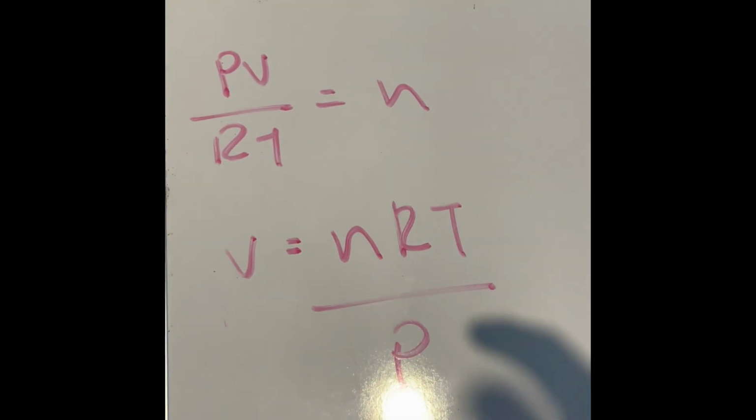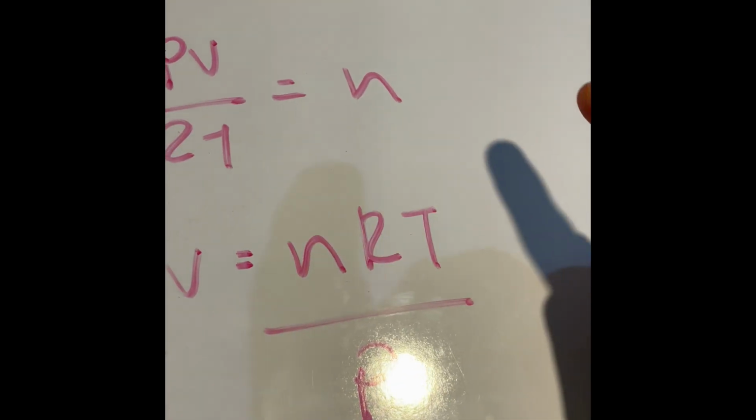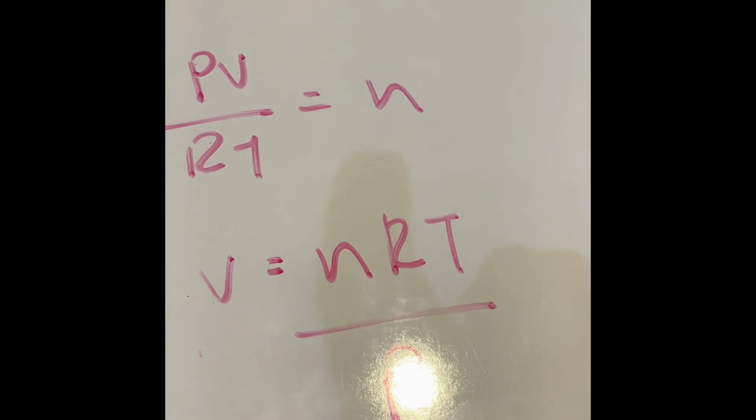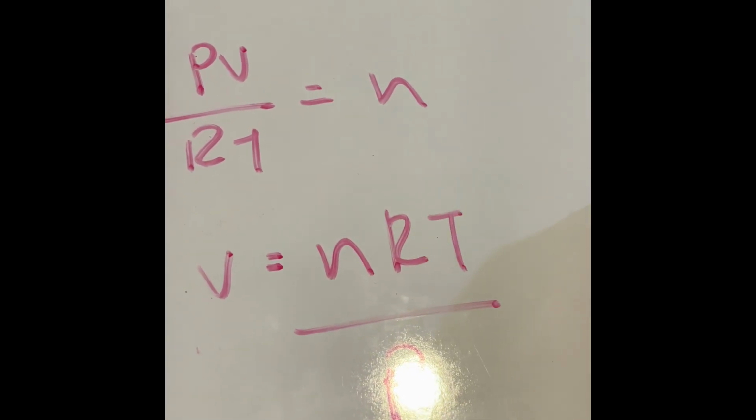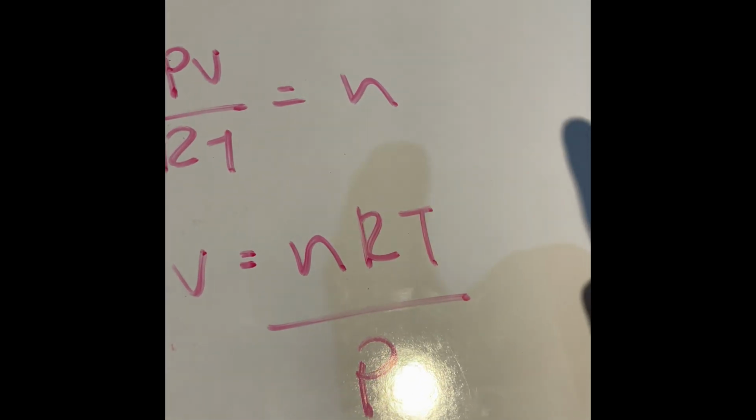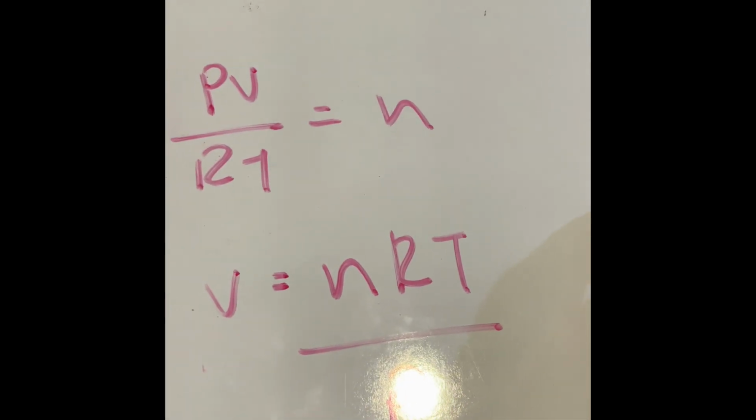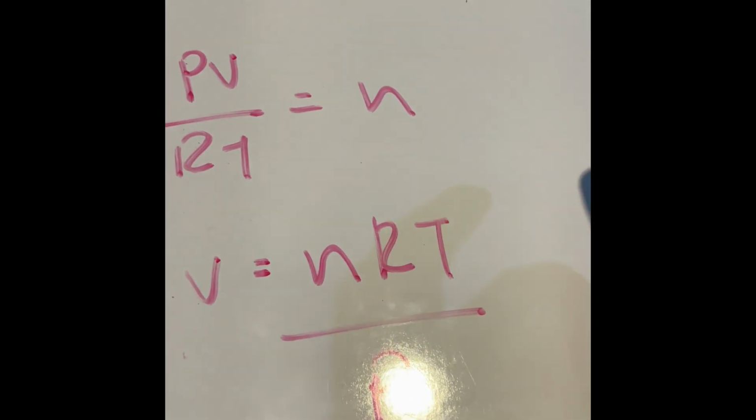Then PV equals nRT. So the atmospheres with the volume equals the moles with the R and the temperature.